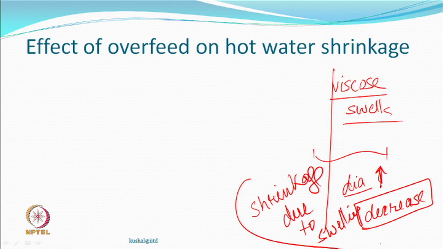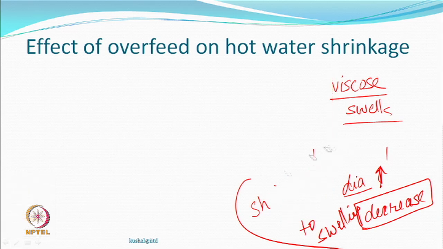It happens despite the fact that the length of the fiber may have increased, the diameter has increased, but you still see a shrinkage of the assembly. Why does it happen? Why do we say that cotton fabrics shrink? So, we do a sulfurization treatment or any other kind of thing so that the fabric does not shrink in water.